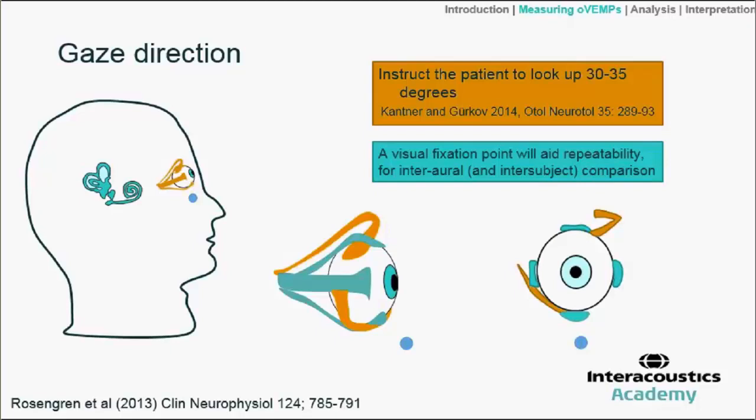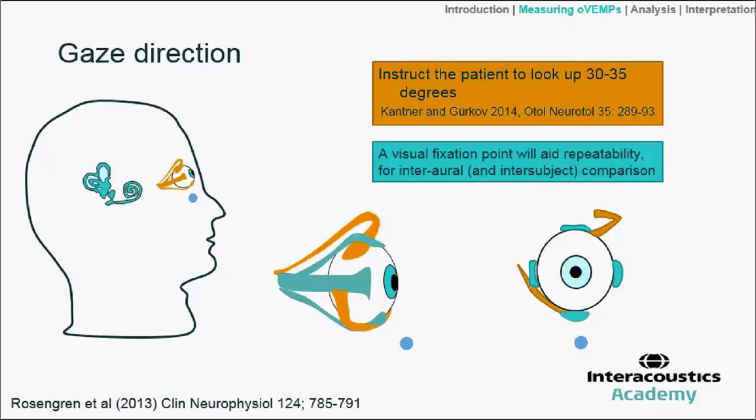So the more contracted the muscle, the automatic gain of the reflex increases, so the reflex amplitude increases in parallel with the muscle contraction, and that increases the size of the VEMP. So there are these two parallel effects going on, but the movement of the muscle itself isn't huge, and so it may well be that that second mechanism, the automatic gain control, is perhaps the most important of the two as to why we ask the patient to look up.